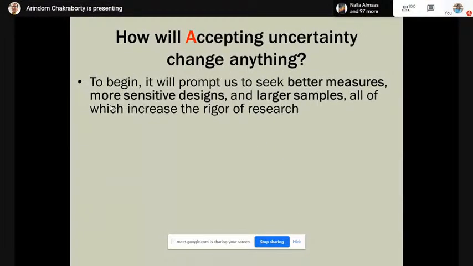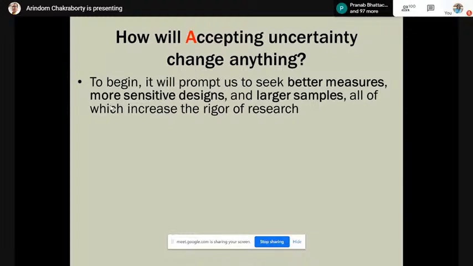So if your design is faulty, it's just like the garbage in, garbage out principle. If your data is garbage, then the inference will also be garbage. Don't expect that statistics has a magic wand or a magic toolbox where you put anything and you get the desired result. It doesn't work that way. So the design should be very sensitive. You should take better measures, and you take more and more samples.